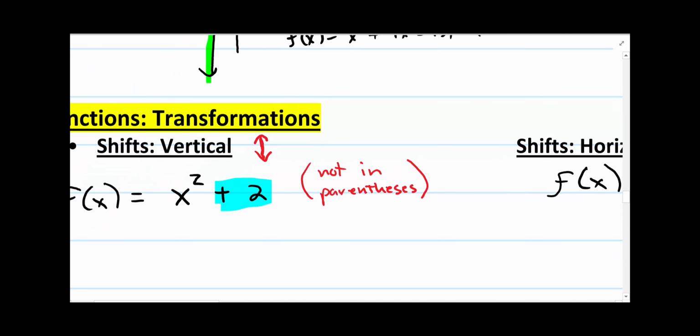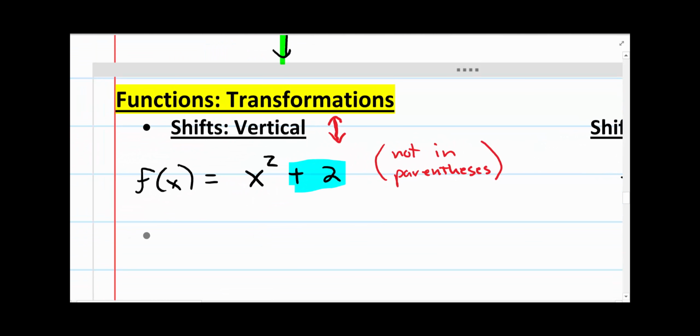All right, so that's symmetry, and now we're going to talk about transformations. So remember, and we've talked about this with parent graphs, if it's a vertical shift, vertical means up and down, notice there's either addition or subtraction being made on the outside of parentheses.